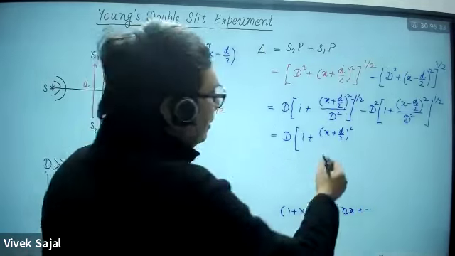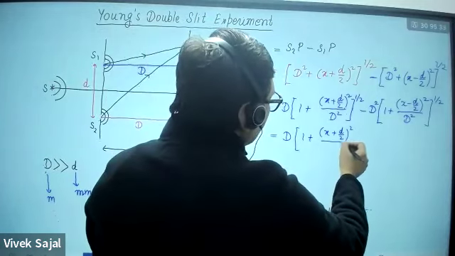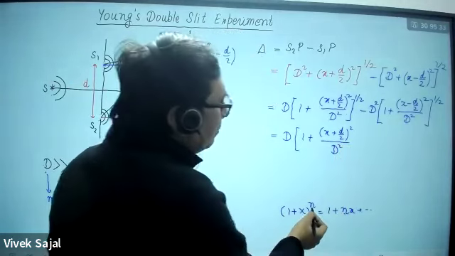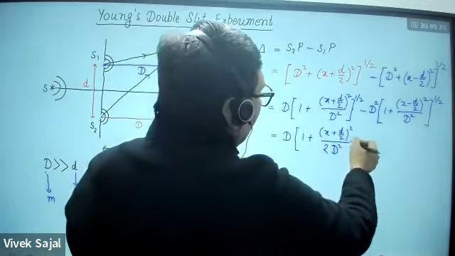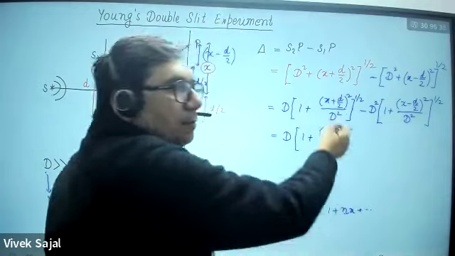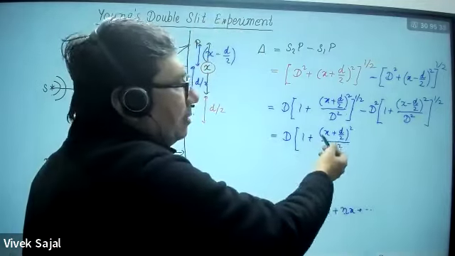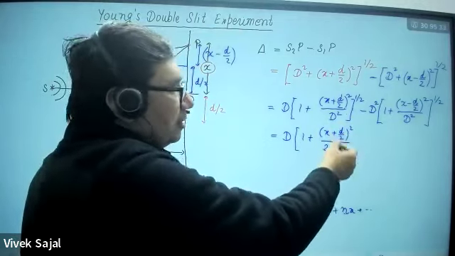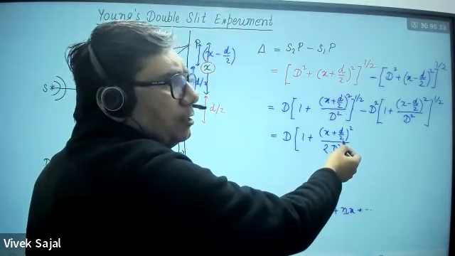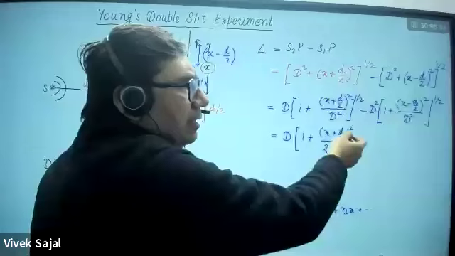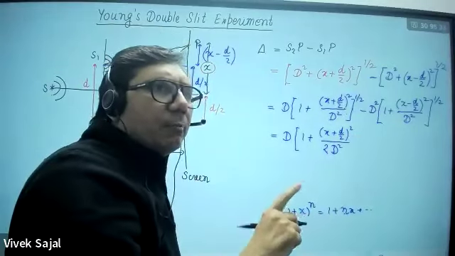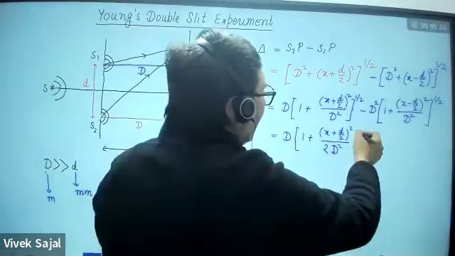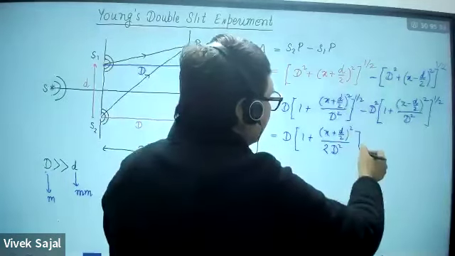Here n is 1 by 2, so this will be 2 in the denominator. And higher terms I am neglecting because this will be a very small quantity. This will be in millimeter, this will be in meter. Suppose this is 1 meter, so 1 square is 1 and this will be 2 only. But if this is in millimeter, 10 to the power minus 3, and the square of that is a very, very small quantity. So higher powers of this I can neglect.